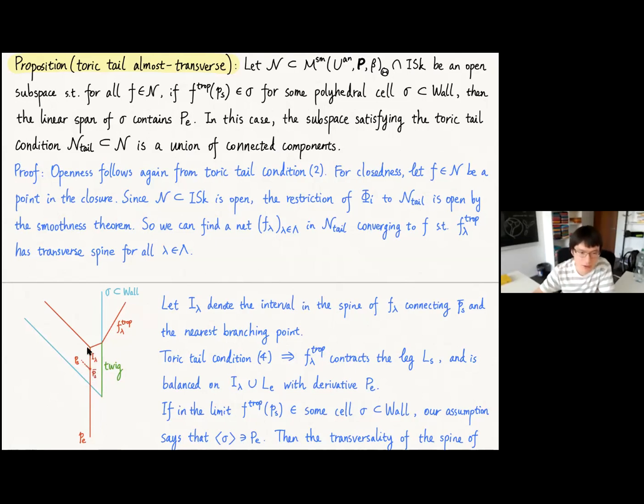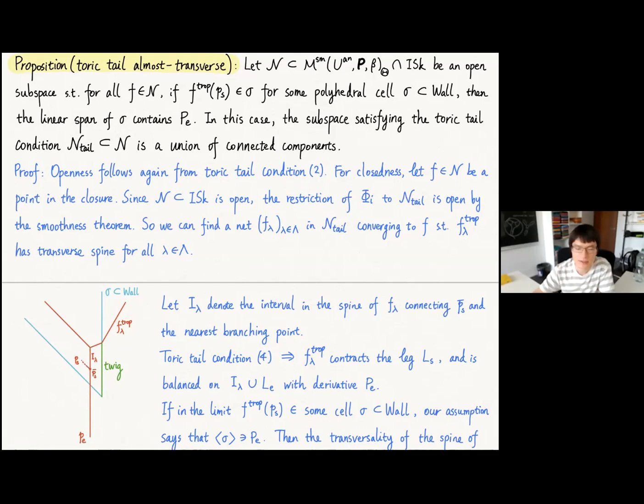So we imagine that when we move this tropical curve to this cell sigma in the wall, we see that our assumption is satisfied. The direction of this leg lives inside the linear span of the wall.